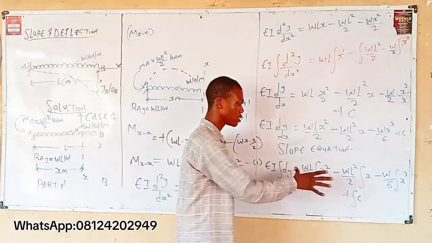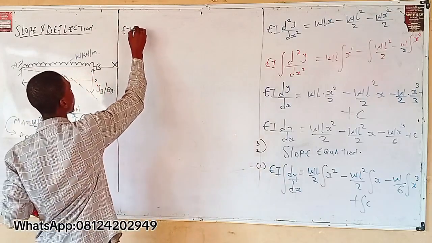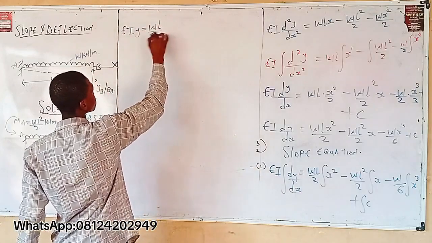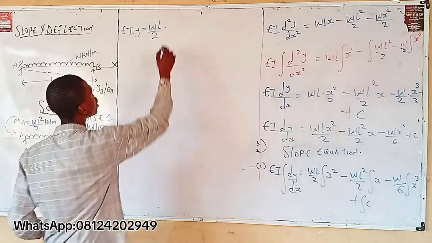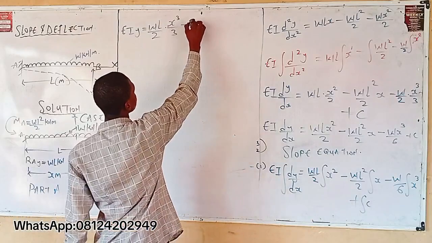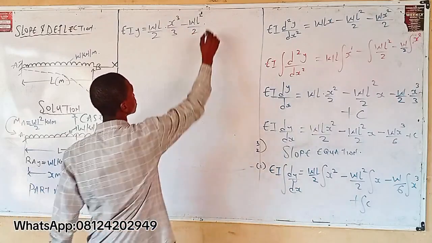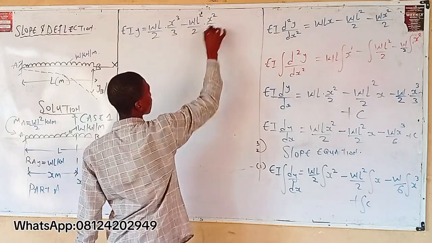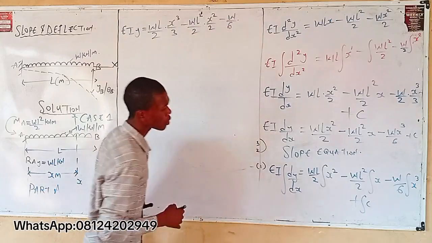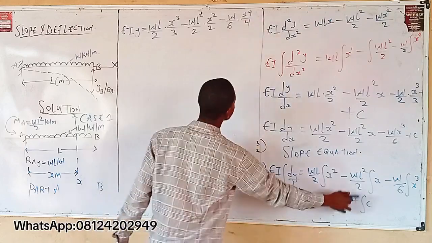Integrating further, it becomes EI y equals WL over 2 times x cubed over 3, minus the other terms.